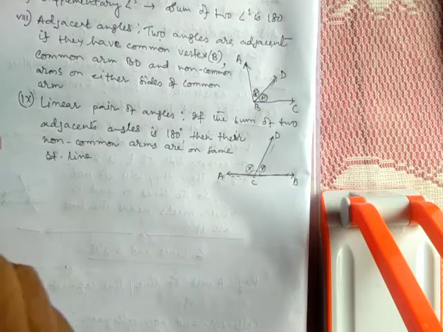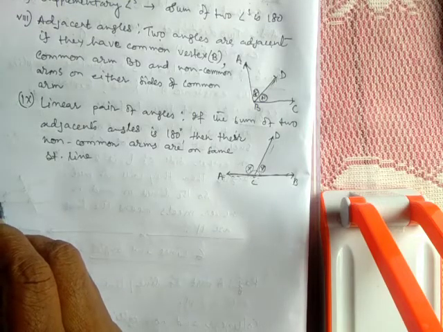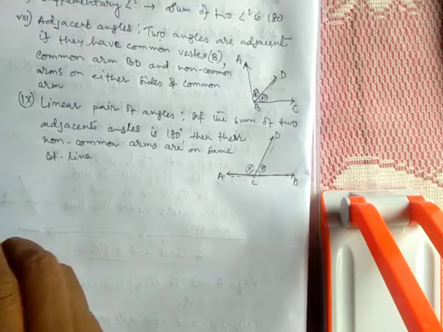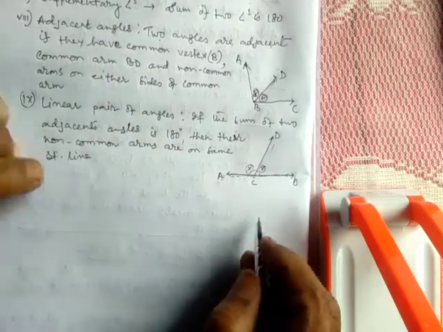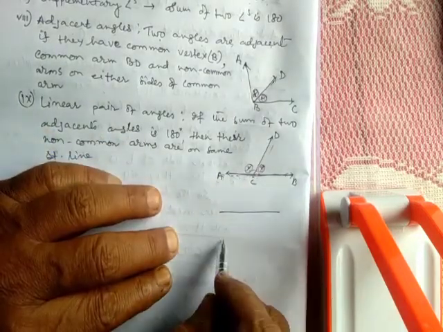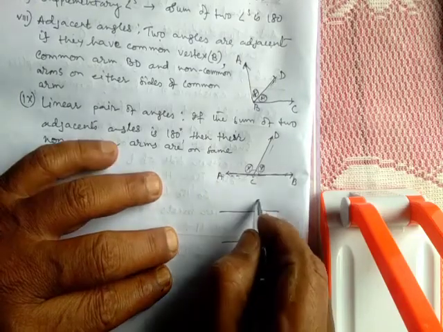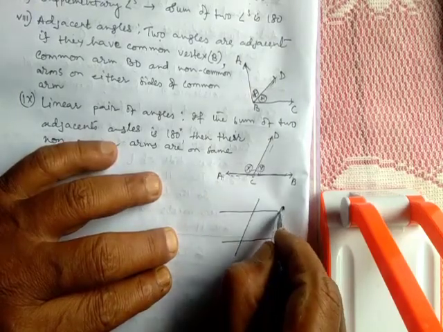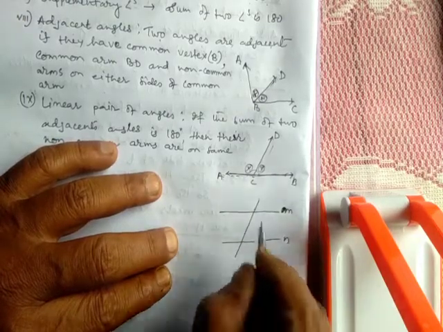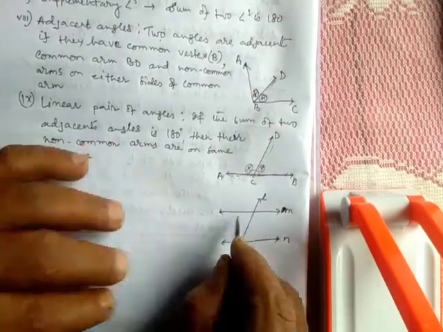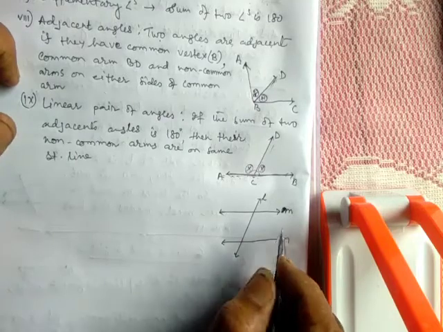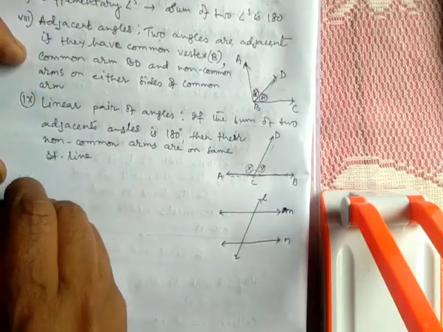Next type of angle: at a time I am going to show you some angles. You have to remember this. It's very, very important. See, suppose these two lines are parallel and this is a transversal. M, N, L. Again I am naming in the same way.